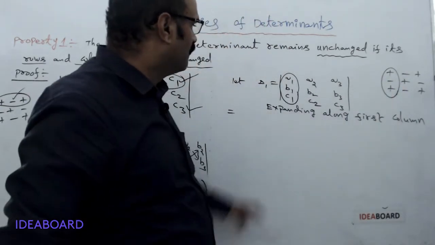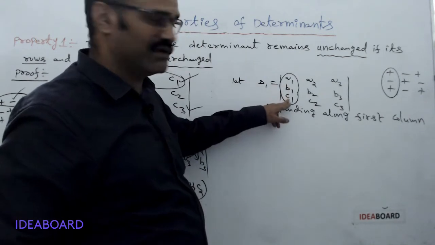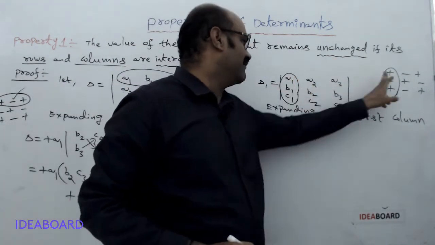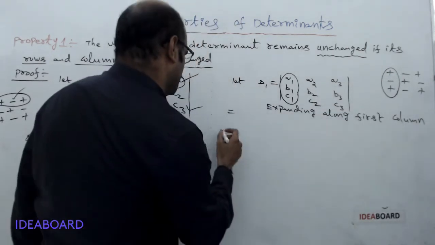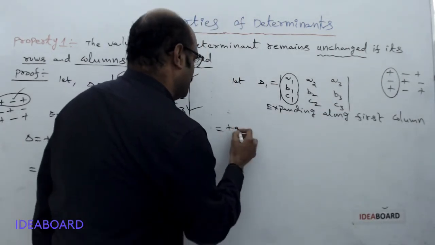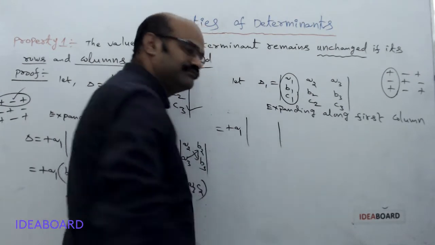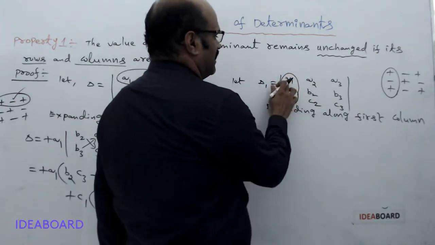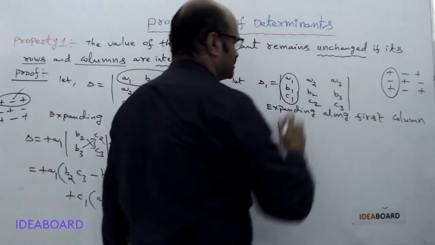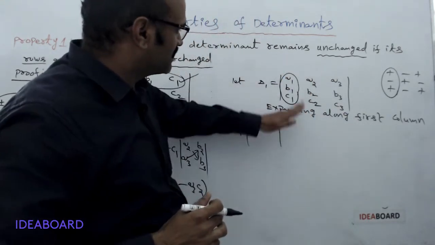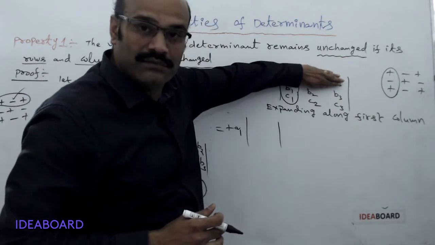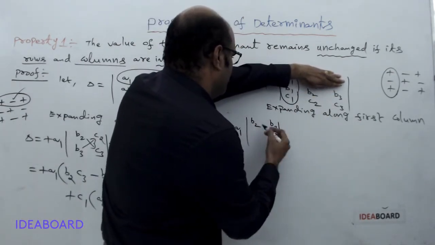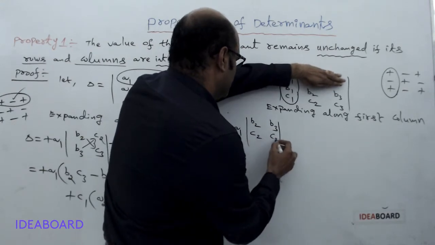Now we have A1, B1, C1 here. For A1 we have the sign plus, so plus A1 into determinant of, the element A1 lies in the first row and first column, so close the first column and first row. Then the remaining 4 elements are B2, B3, C2, C3.